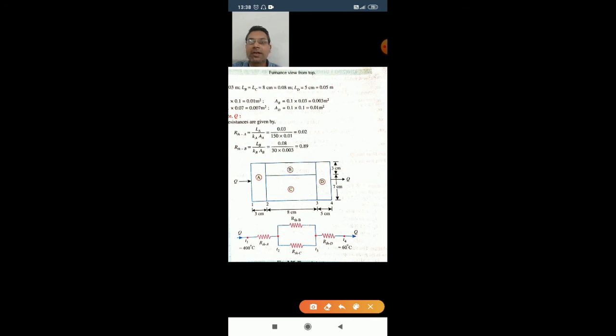Here it is the thermal resistance, where B and C, that means this resistance and this resistance which are in parallel, are combined to form the equivalent resistance, and this equivalent resistance is in series with A and D. Therefore after converting, all are in series, and hence the equivalent resistance is determined for the circuit.